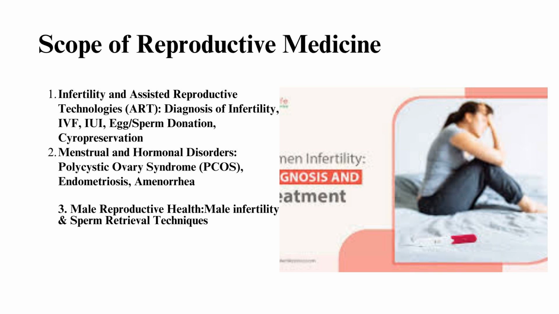Gamete intrafallopian transfer, GIFT, and zygote intrafallopian transfer, ZIFT, less commonly used ART procedures where fertilization takes place inside the body. Menstrual and hormonal disorders. Polycystic ovary syndrome, PCOS, a condition that causes hormonal imbalances, often leading to infertility, and its management.